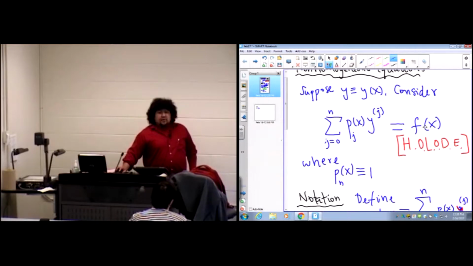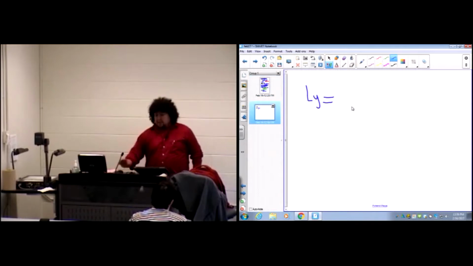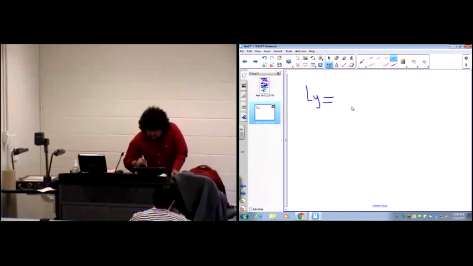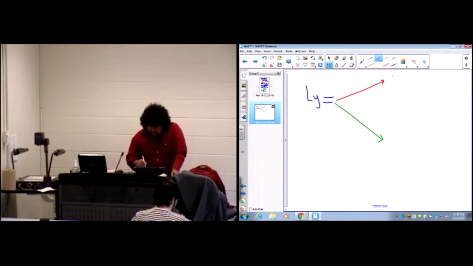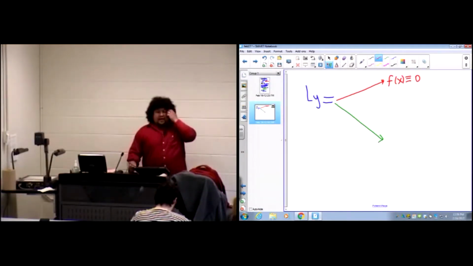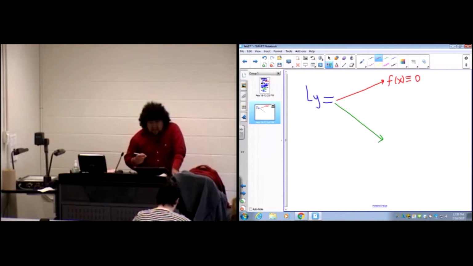In the first case, L of y may be equal to a function f of x which is always equal to 0. If L of y equals f of x, which is equal to 0, that is a homogeneous problem. We're going to call the solution y sub c, where c stands for complementary.